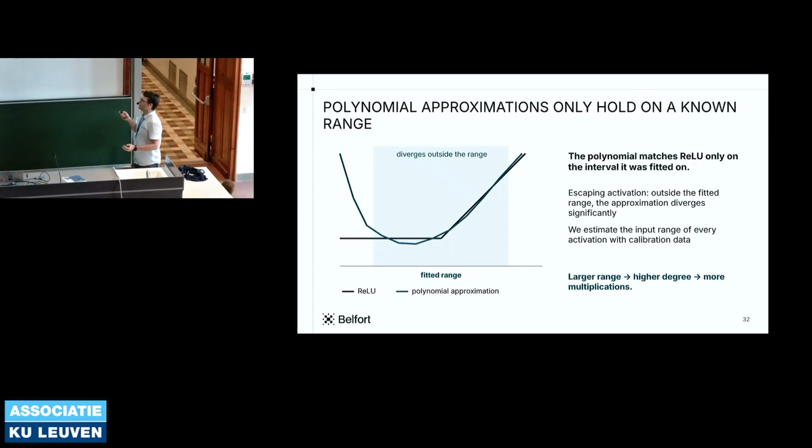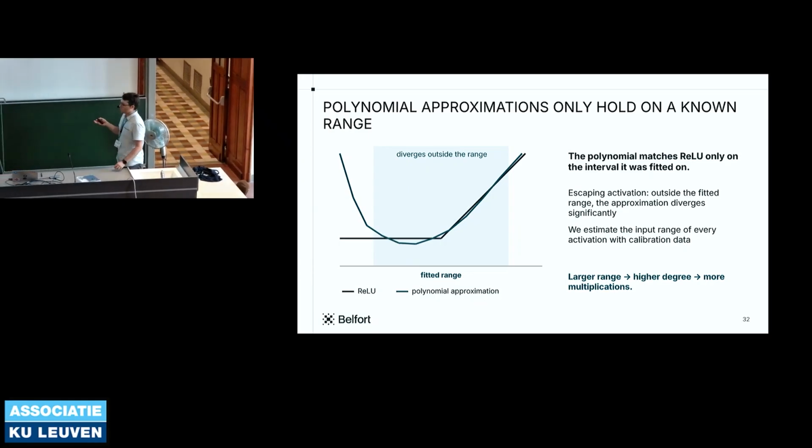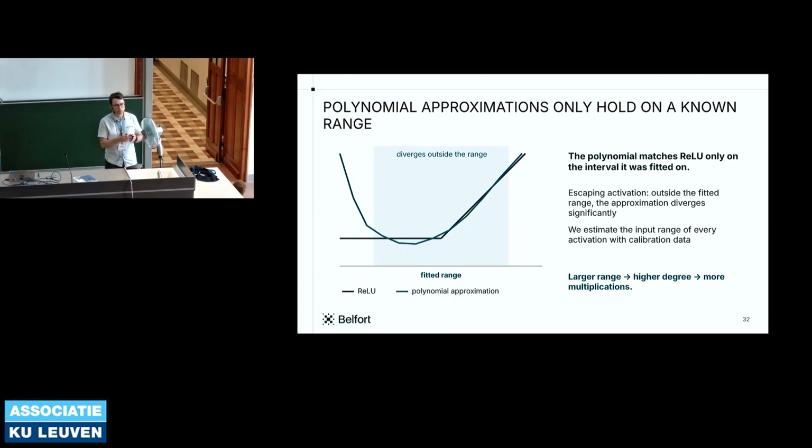It's a little bit trickier than this because, first of all, as I said, you're going to need to know the range. You cannot have a polynomial approximation which is infinitely good over the whole interval, right? So you're going to have to know over what range I need to approximate my activation function. That's going to be very important.